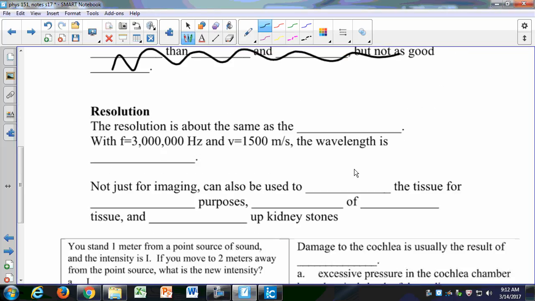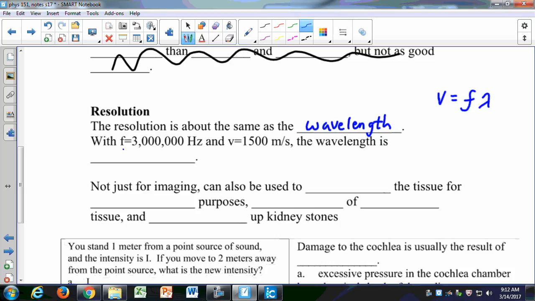The resolution of our ultrasound devices is about the same as the wavelength. Remember that our wavelength was related to the frequency by the speed. The speed of your wave is equal to the frequency times the wavelength.